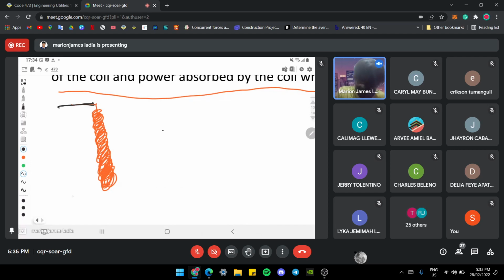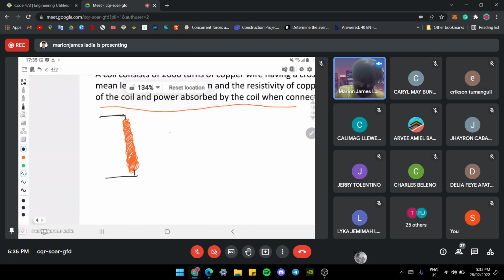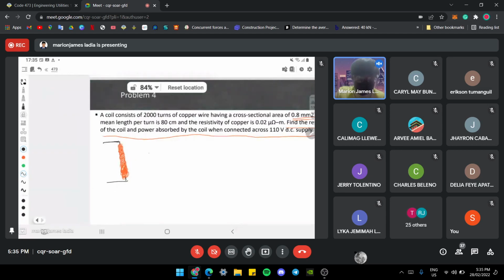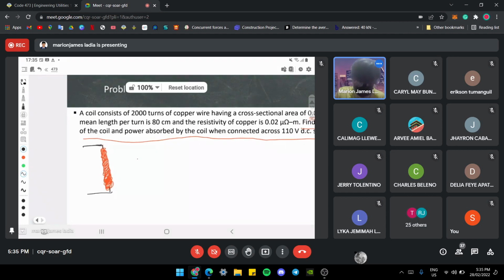Minsan nga lalagpas pa kayo ng 10,000 turns para lang makuha yung voltage na gusto nyo. Okay? Pero hindi biro mag-turn ng isang coil. Mahirap. Kasi nga, pag sa gitna niyan is that, let's say, naputol, uulitin mo yan ng buo. Kasi pag sinulda mo, pangit.